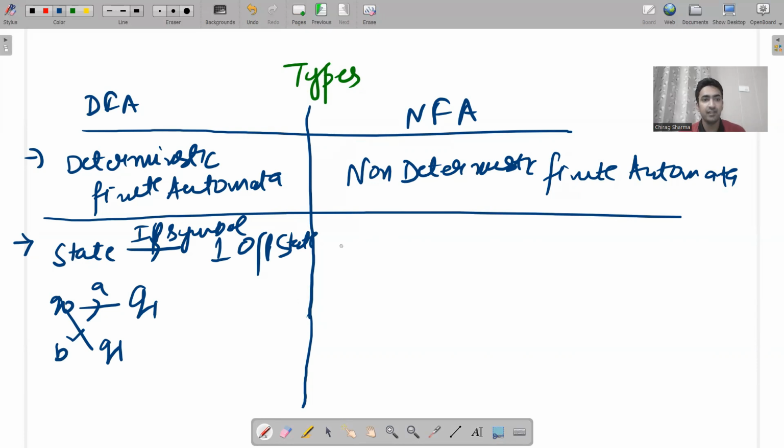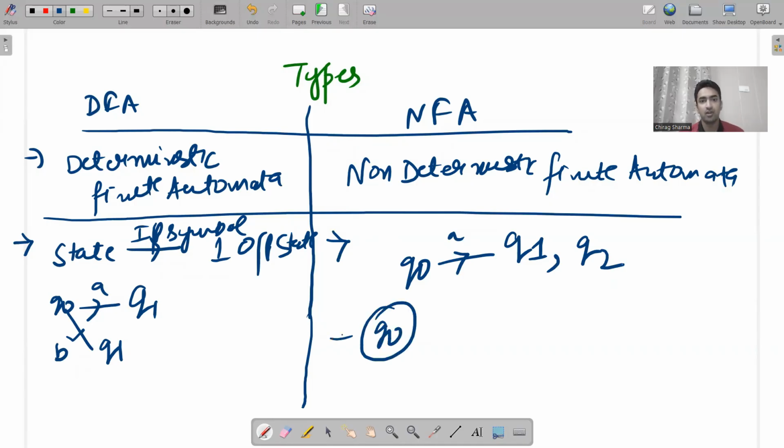So in NFA, this is not the case. In NFA, the case is if I give q naught a, I might get q1, I might get q2. I don't know what is the right answer. Confusion. Means if you draw an automata, you give a, you may go to q1, you may go to q2.